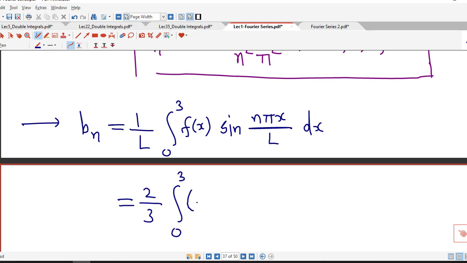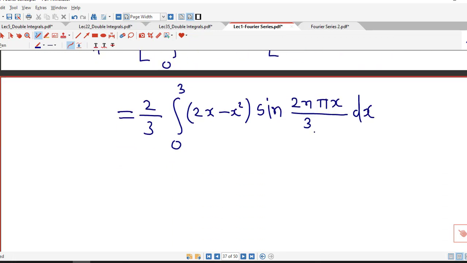Our function is 2x minus x square, and sin, if we take L equal to 3 by 2, we have 2n pi x divided by 3, integration with respect to x. So now we consider u equal to 2x minus x square, v equal to sin 2n pi x by 3, and we apply integration by parts again.